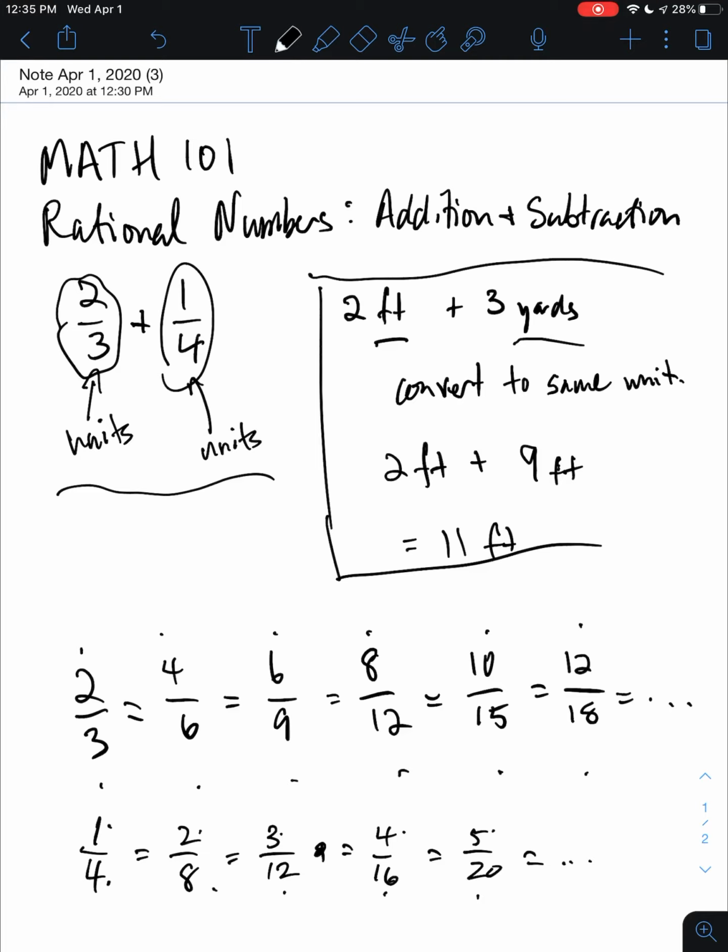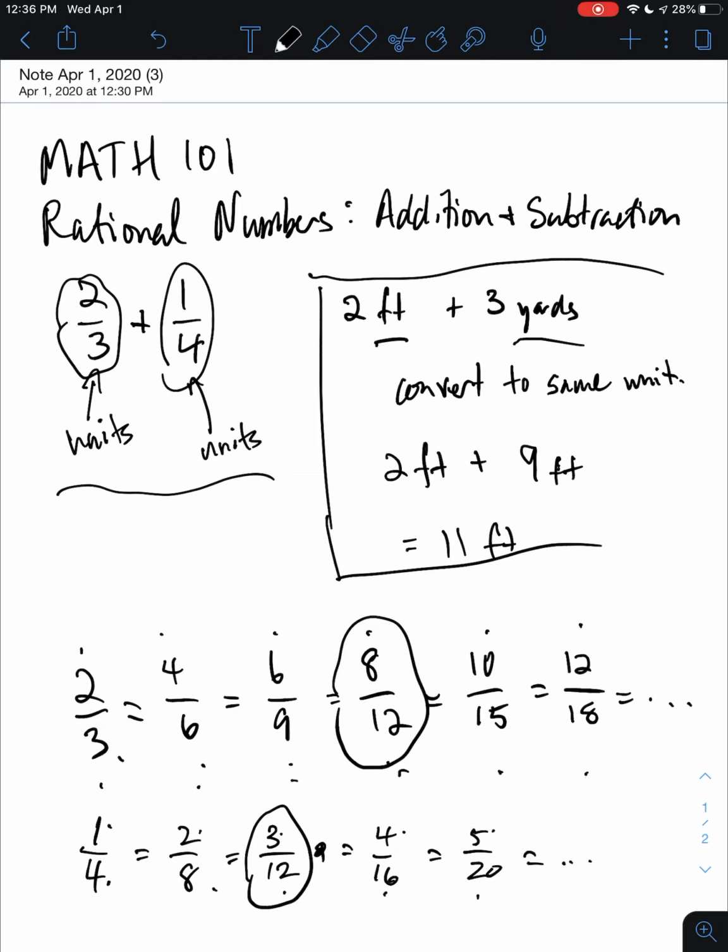Okay, so those are my two series of equivalent fractions. And now I'm going to ask in which pair are the units the same? Well, there's no thirds in the bottom, there's no 6 in the bottom, there's no 9s in the bottom, but there is a 12s in the bottom series. So there's 8 twelfths and 3 twelfths. So I have equivalent fractions.